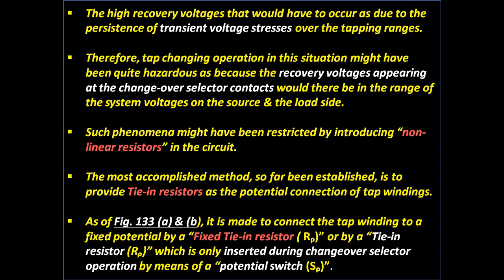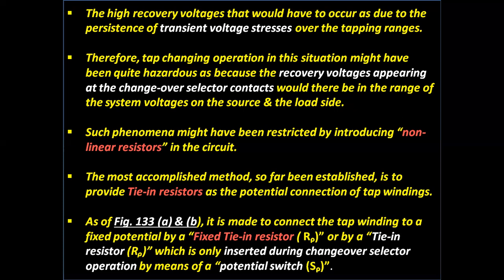Such phenomena might be restricted by introducing nonlinear resistors in the circuit. The most accomplished method established so far is to provide tie-in resistors as the potential connection of tap windings.